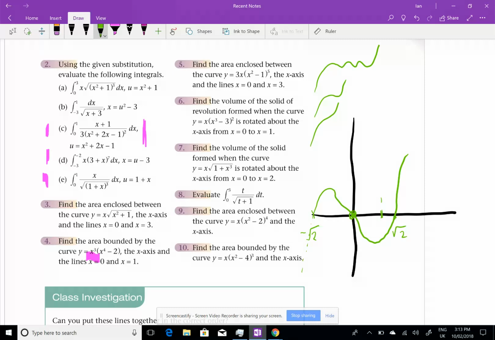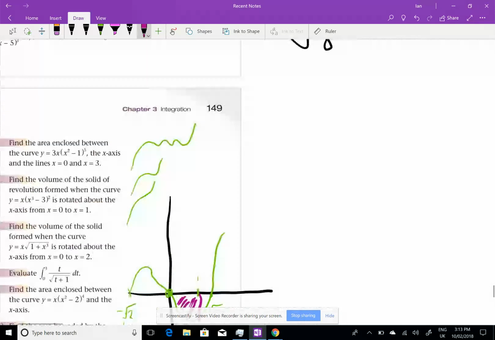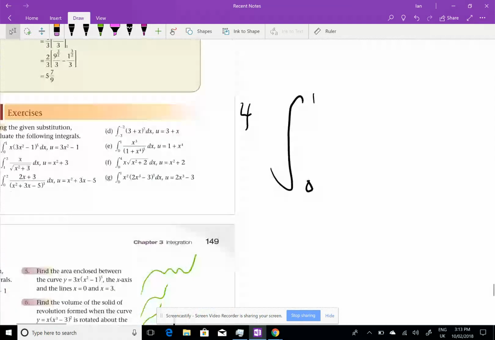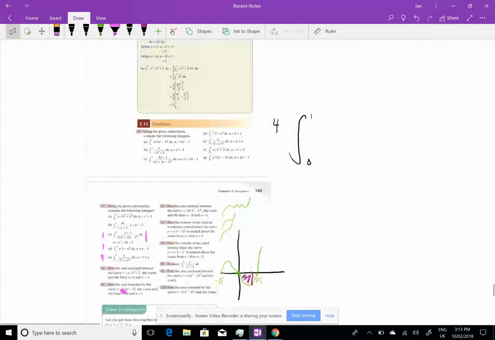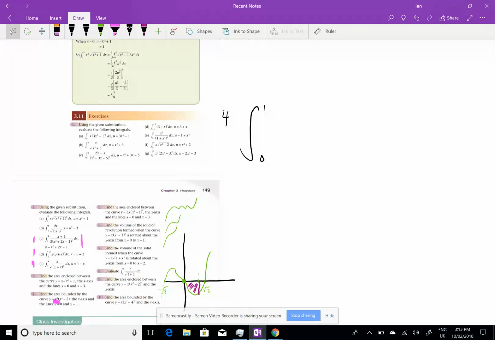So the area we're going to find, this area here, is going to be negative. All right, this area is going to be negative. We have to take that into account. So between 1 and 0, the area, let's erase this.